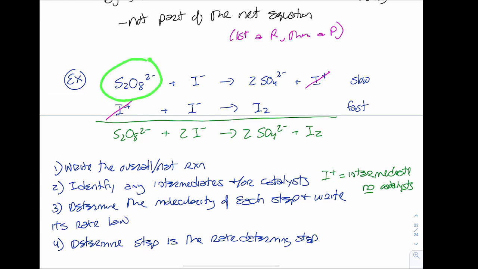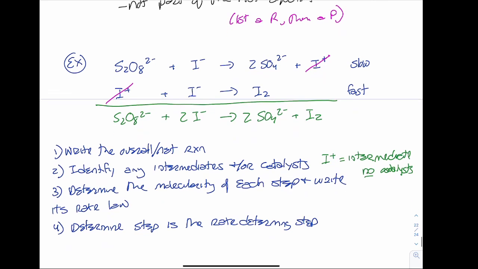Determine the molecularity of each step. So I have one reactant molecule and another reactant molecule, so that's bimolecular. When I write the rate law for it, it's going to be the concentration of S2O8 2- multiplied by the concentration of I-.